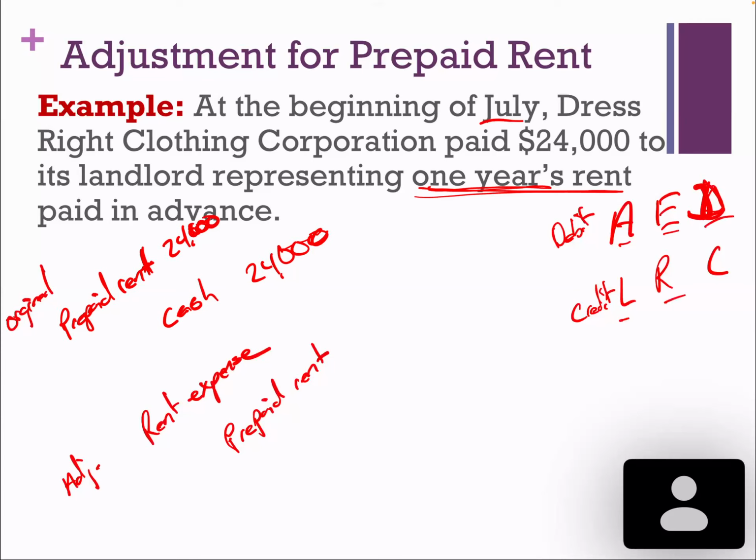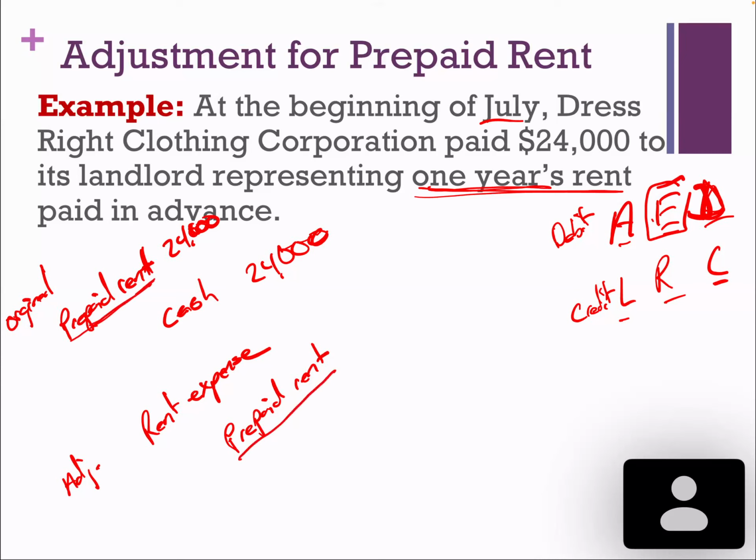Liabilities, revenues, and common stock are all increased with credits. In order to record an expense, we debit that account. Prepaid rent is an asset, so we increased it here, but then to decrease it, we need to credit the account. So this stuff here is still really important.